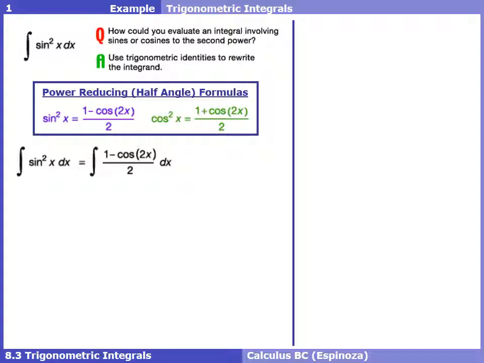The first thing I'm going to do is split this into two separate fractions: 1 over 2 minus cosine 2x over 2. The reason we want to do that is because we can take these two integrals separately. I'm going to already do the first integral on its own. It's really easy to do. The integral of 1/2 would just be 1/2 x.